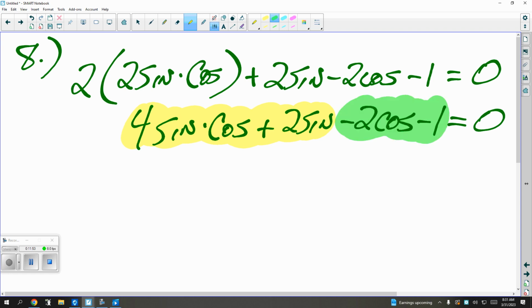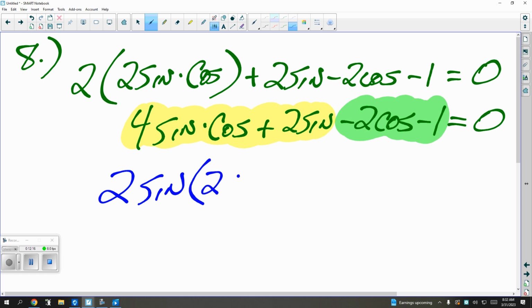I don't know, but I'm thinking it's going to happen because this is a book problem, which means there was some thought put into it before they did it. Okay, so let's take out a 2 and a sine, right? And that's going to leave me a 2 and a cosine and a plus 1.